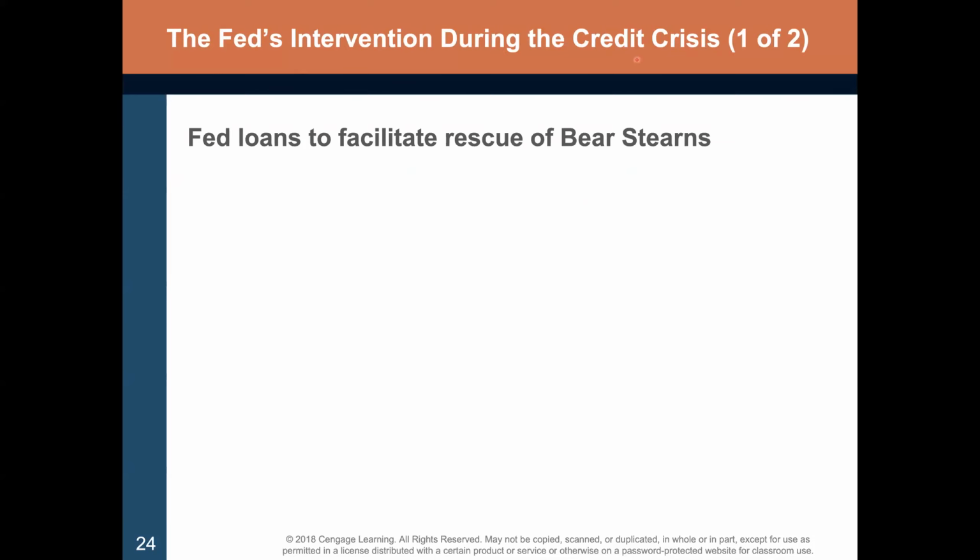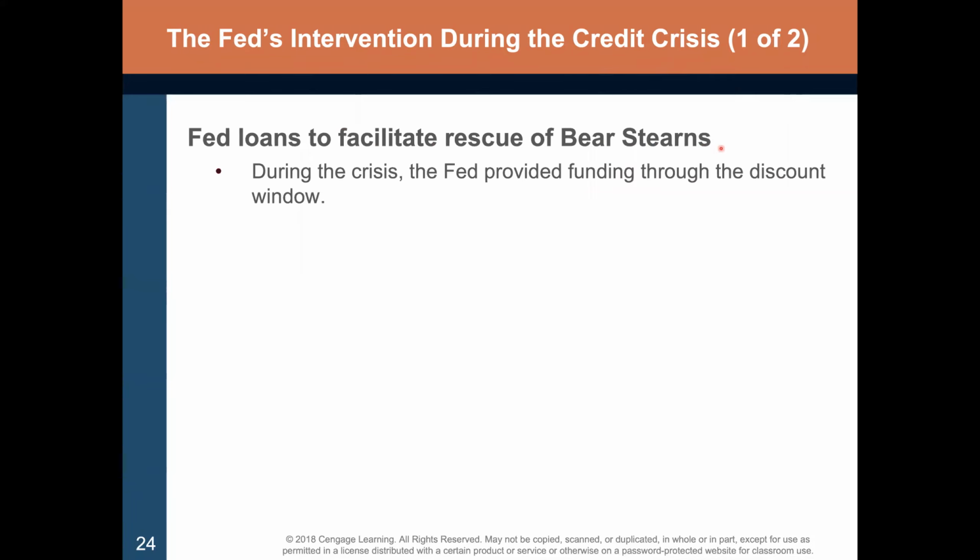During the credit crisis, 2007 through 2009, the Fed did a lot to intervene, and we're going to run through some of those interventions. First, the Fed loans to facilitate the rescue of Bear Stearns. Bear Stearns was a financial institution that got in trouble, and so there were Federal Reserve loans, Fed loans, to facilitate the rescue of Bear Stearns.